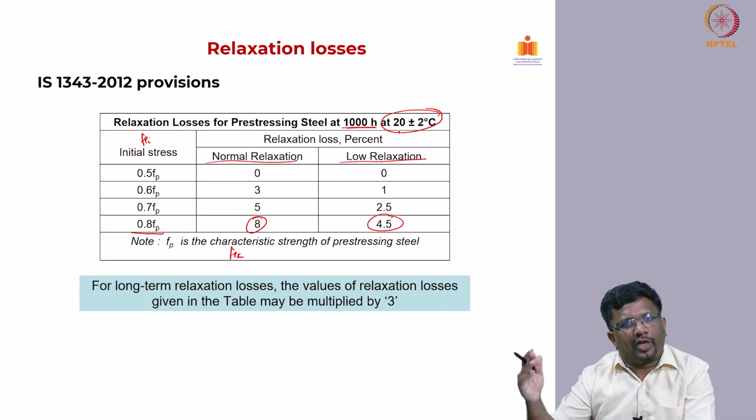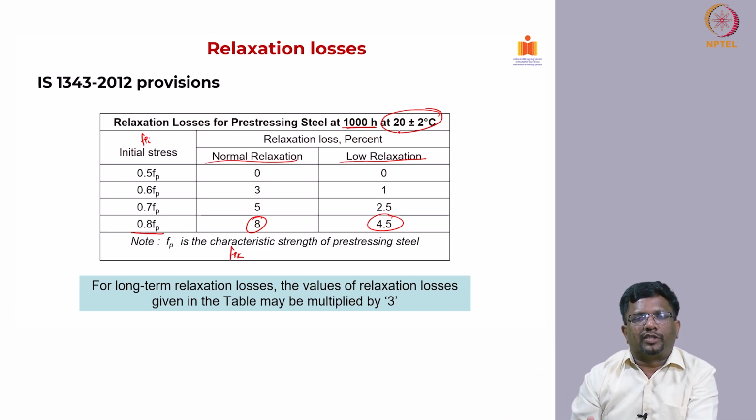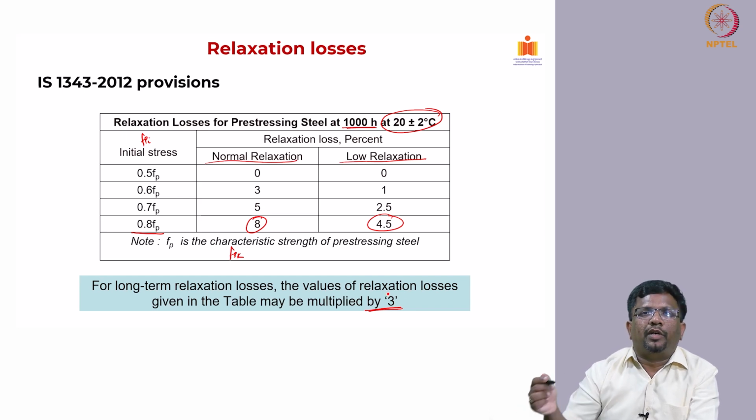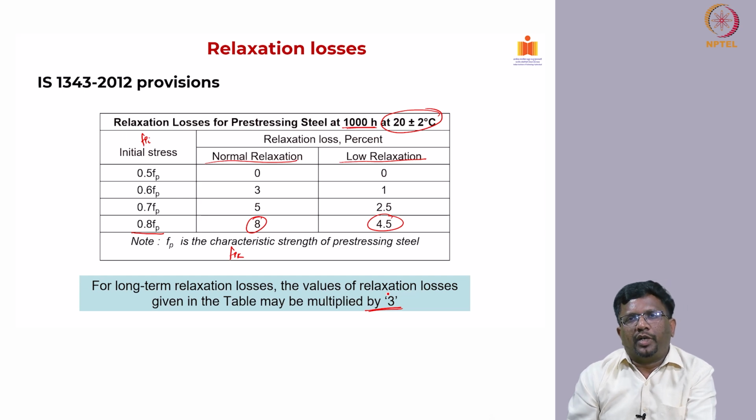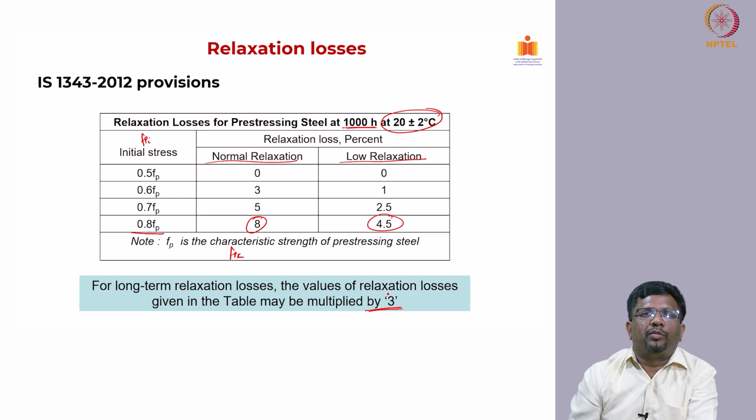Now, if I want to calculate the loss for, let's say, 10,000 hours or 20,000 hours, either you can use the equation that we discussed in the previous slide, or the code says that you can multiply this by 3 to have a conservative estimate. To me, this may be slightly on the higher side, but you can use the equation discussed in the previous slides for exact calculation of the relaxation loss, depending upon the time at which you are calculating.